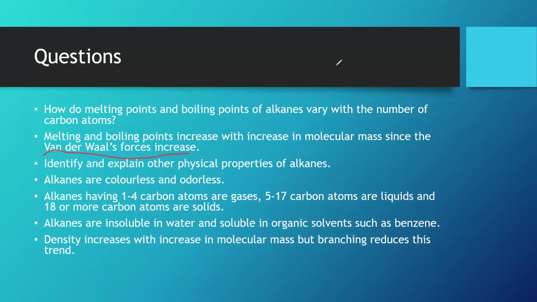Okay, so then we also identified other physical properties of alkanes, and we said alkanes are colorless and odorless. And also something you need to note is alkanes having 1 to 4 carbon atoms are gases. So that means the first 4 alkanes are gases. Who can remind us the first 4 alkanes that we looked at? Yes, Saint?